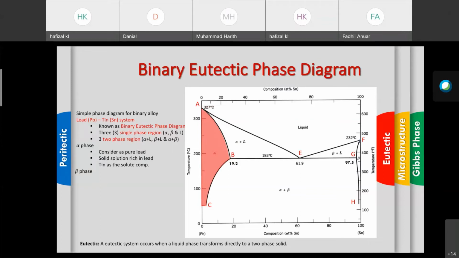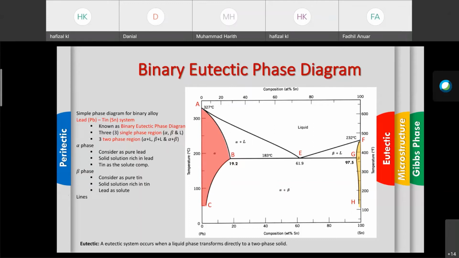For the beta phase, in this color, this area is the solid solution rich in Sn, considered as pure Sn or tin, with Pb lead as a solute.